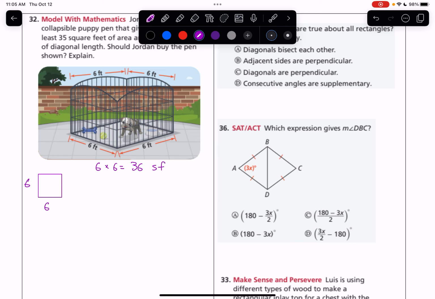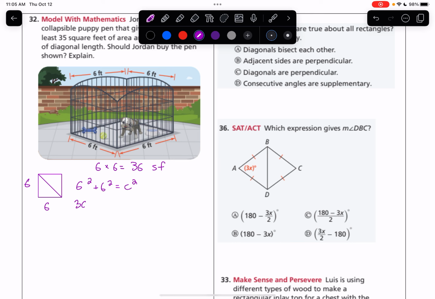And since that is the only setup of this puppy pen that is at least 35 square feet, we also need to see if this pen set up this way has 10 feet of diagonal length. So we just need to find the length of the diagonal of this square. We do 6 squared plus 6 squared equals c squared.